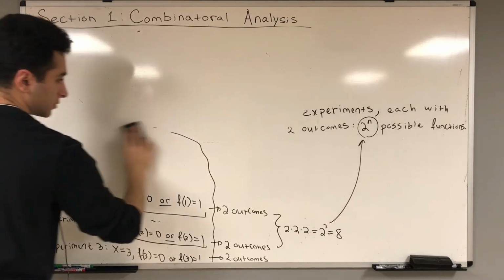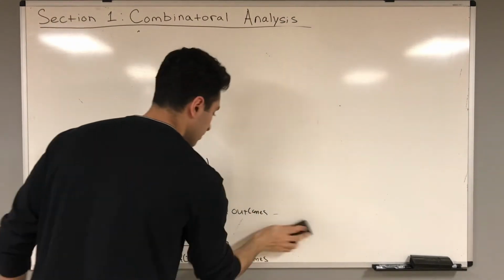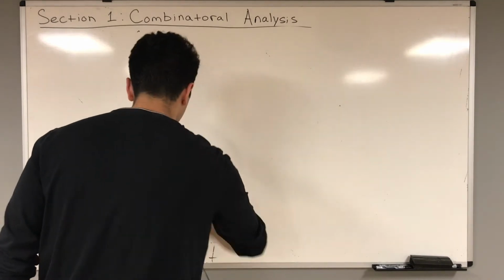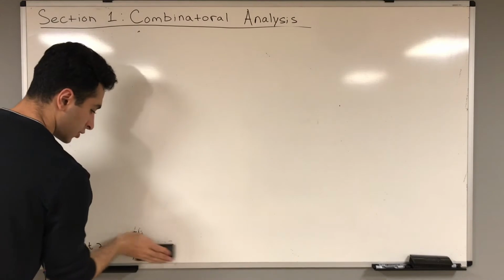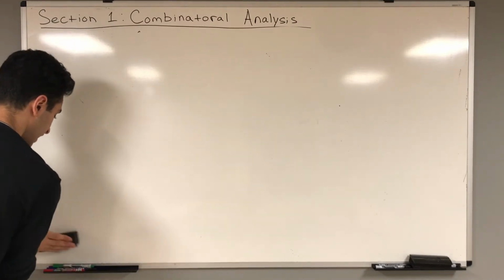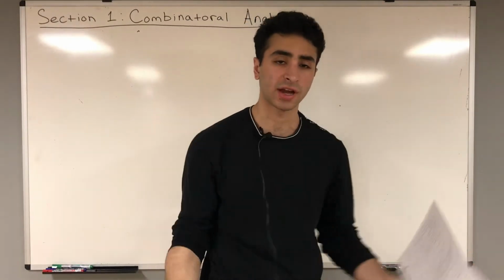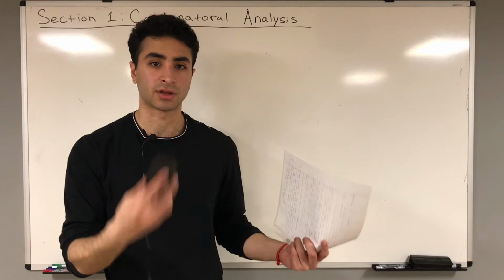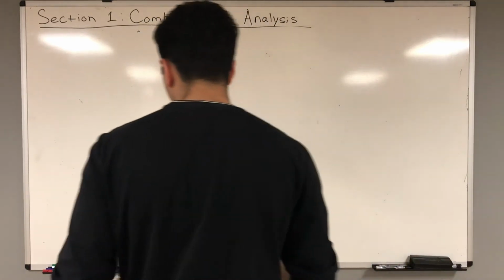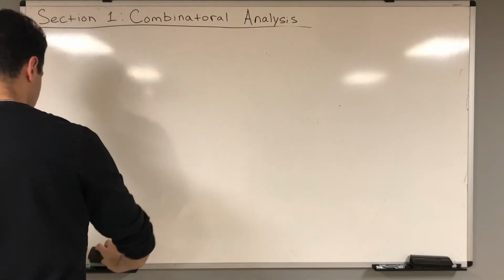Don't just avoid it and say, oh, it's okay, I need to know this. This example isn't going to show up a billion other times, but it's a good example to really make sure you understand what the goal is. You have to find the experiment, you have to find the number of outcomes for that experiment, and then you just have to multiply the number of outcomes, and then you get the total number of outcomes for the total experiment.